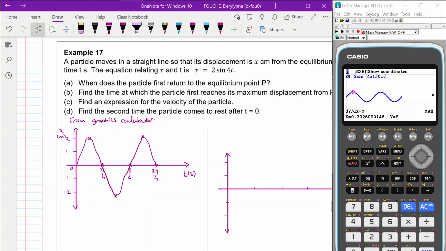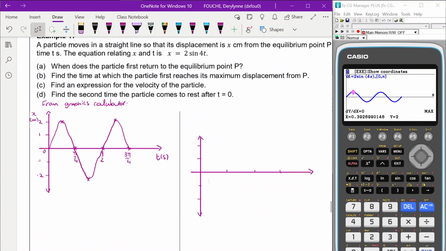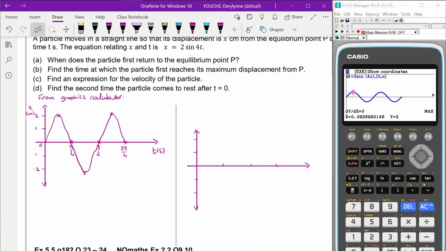Alright, and then in order to answer the question, we're going to say from our graph, our equilibrium is when x equals 0.